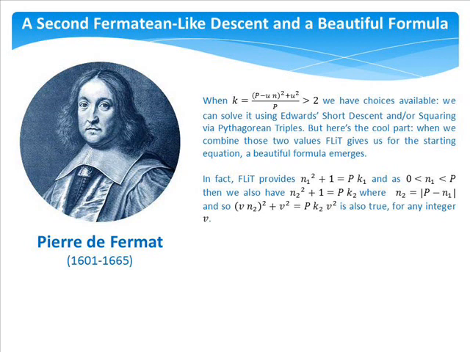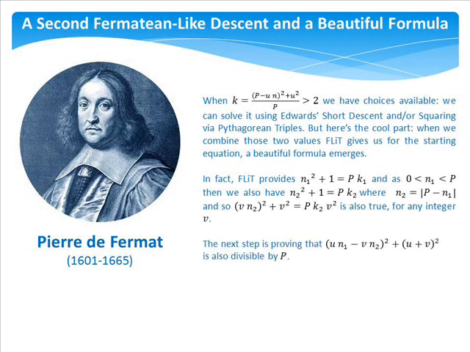Then, we also have a complementary sum of two squares, n sub 2 squared plus 1, where n sub 2 equals the absolute value of p minus n sub 1. And so the square of v times n sub 2 plus v squared equals p times k sub 2 times v squared for any integer v.